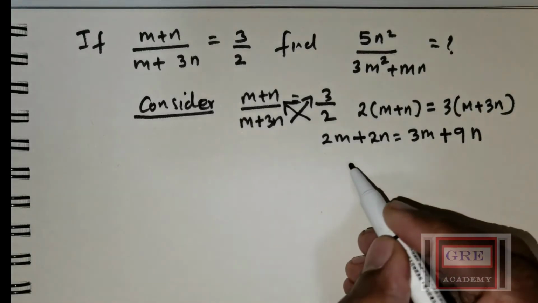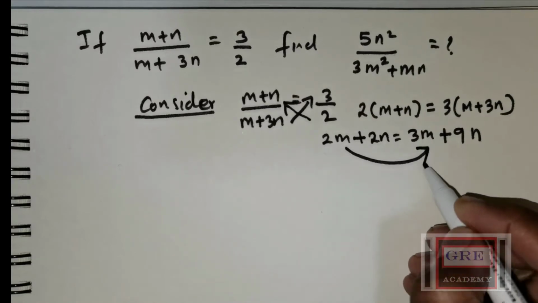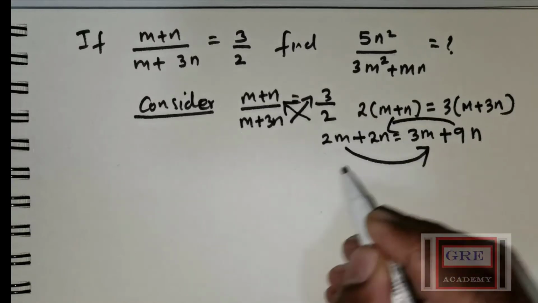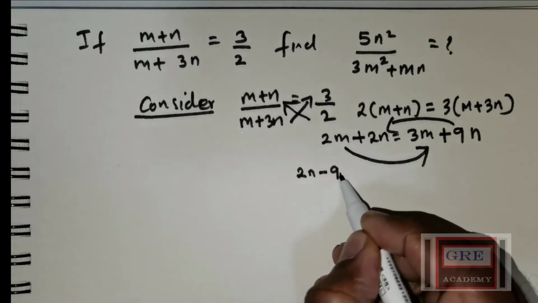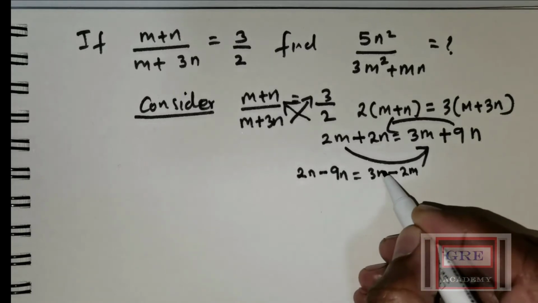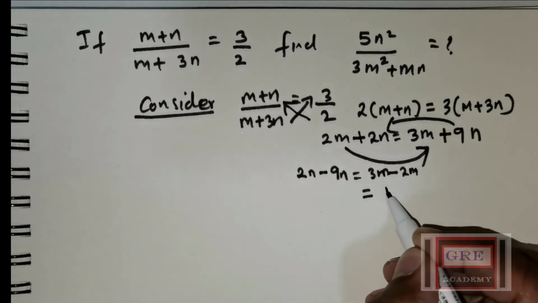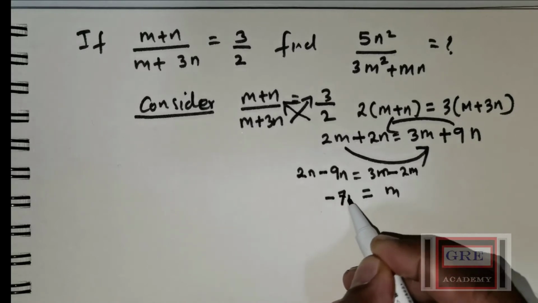Now what I will do is move the m to this side and the n to this side. So that would give me 2n negative 9n is equal to 3m negative 2m. Now this would give me m, and this would give me negative 7n.